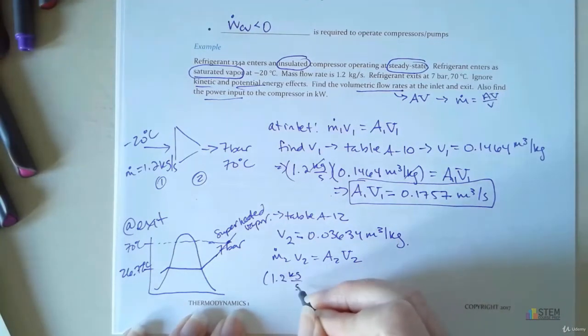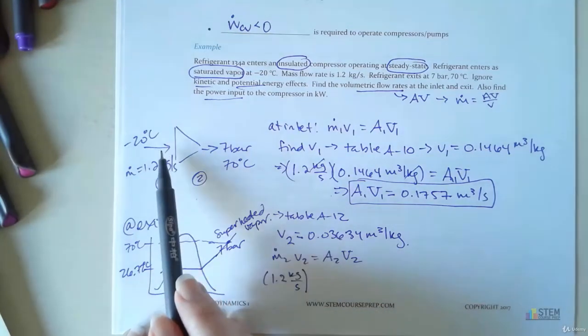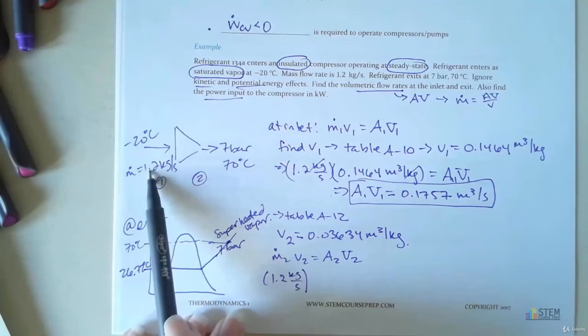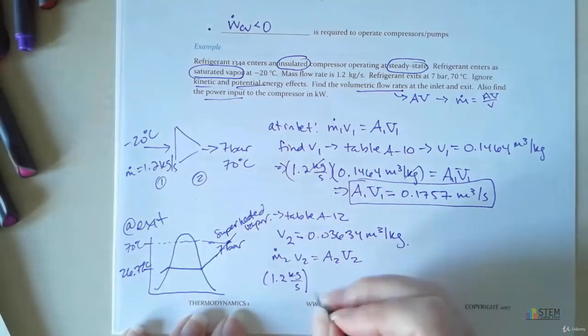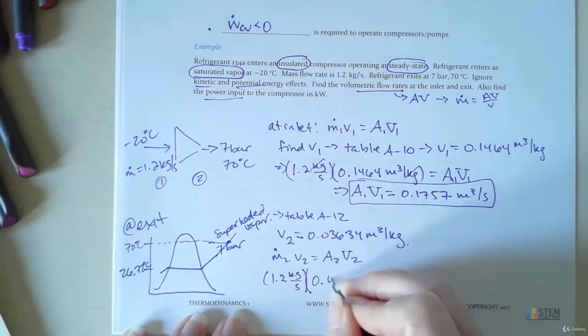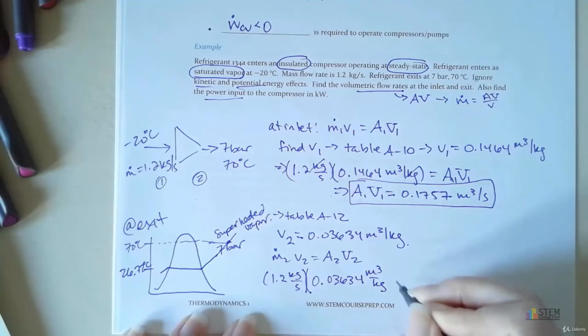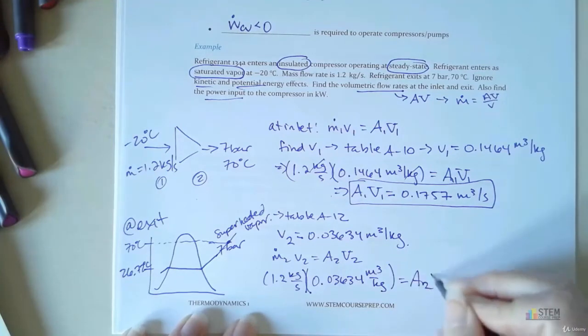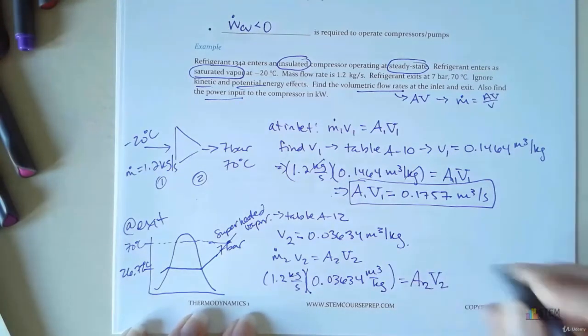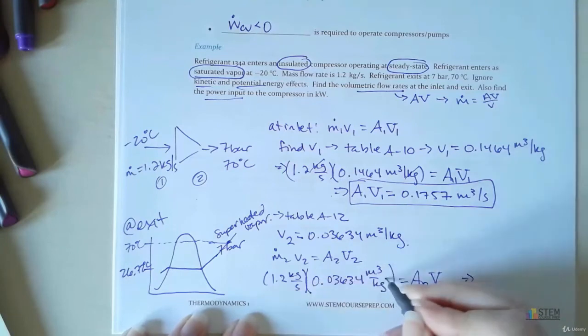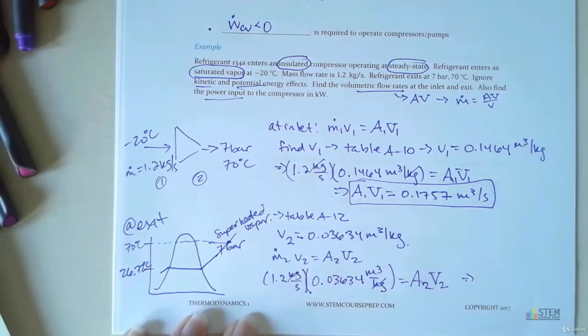So we have 1.2 kilograms per second, because remember this is steady state, so M dot 1 is going to equal M dot 2. And here we're going to have 0.03634 cubic meters per kilogram, and that's going to equal A2 V2. Multiply these out. Notice kilograms goes away.